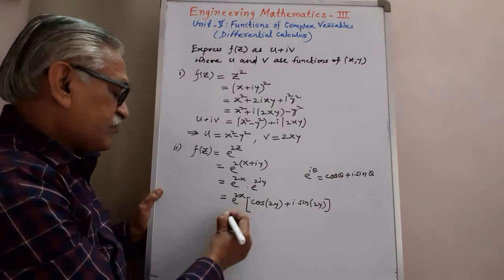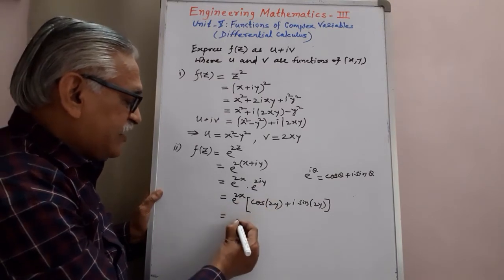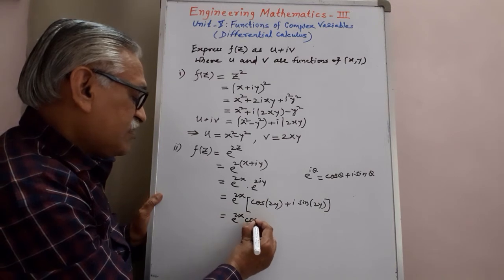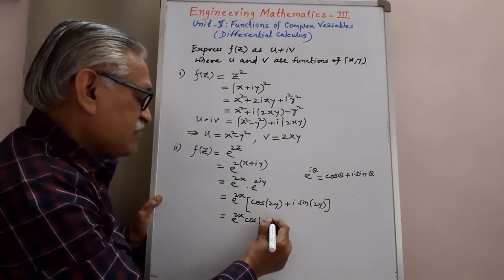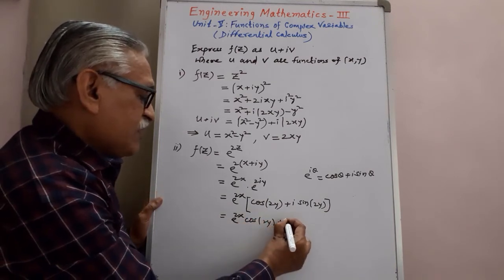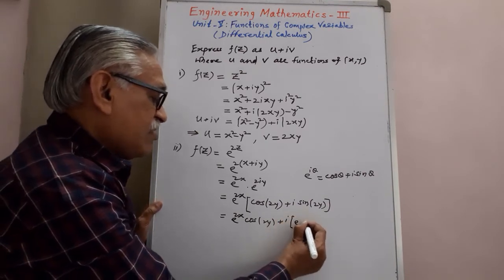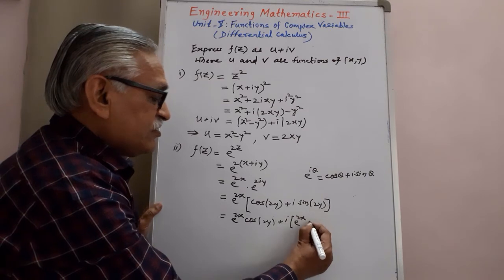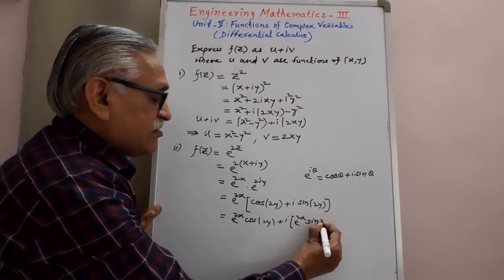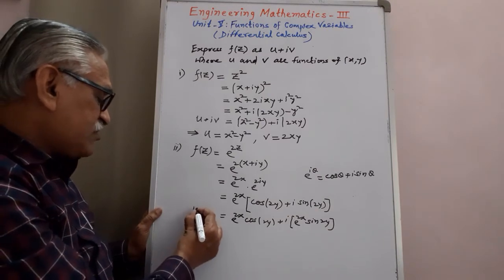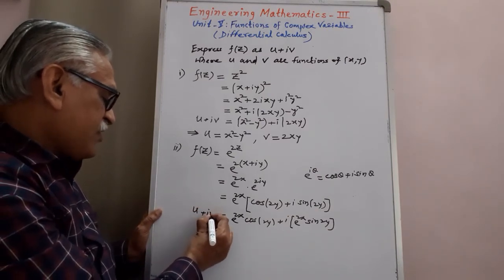And then multiplying it inside we get e raised to 2x into cos of 2y plus i times again e raised to 2x sin of 2y, and that f of z is u plus iv.